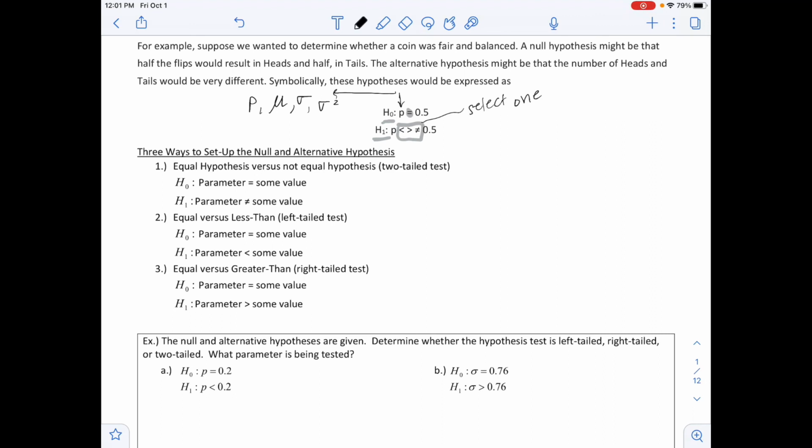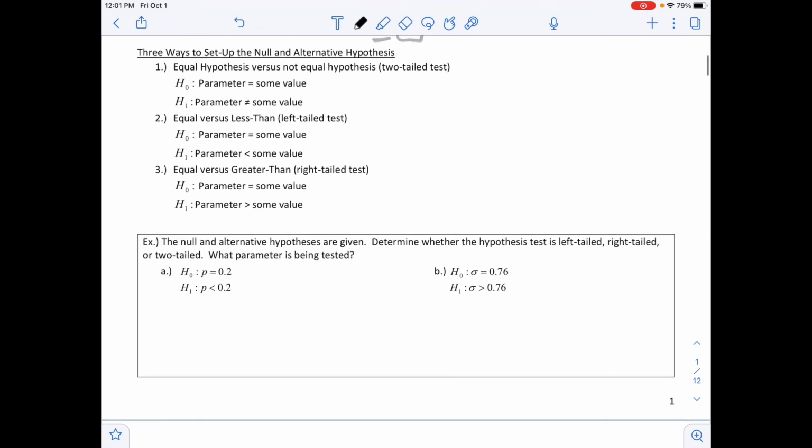So maybe it might say there are more heads than tails, or the proportion of heads would be greater than 50% or 0.5, and we would use that greater than symbol. So again, carefully read the problems to figure out which symbol to use.